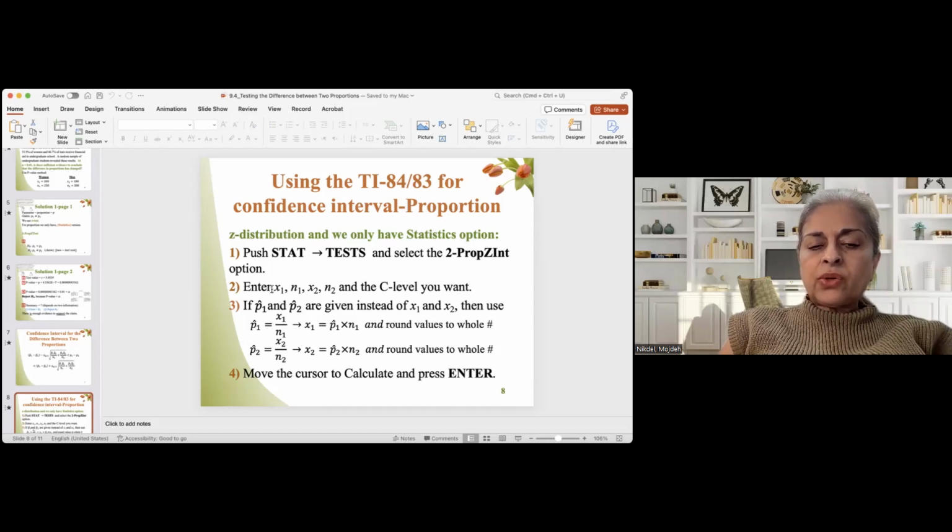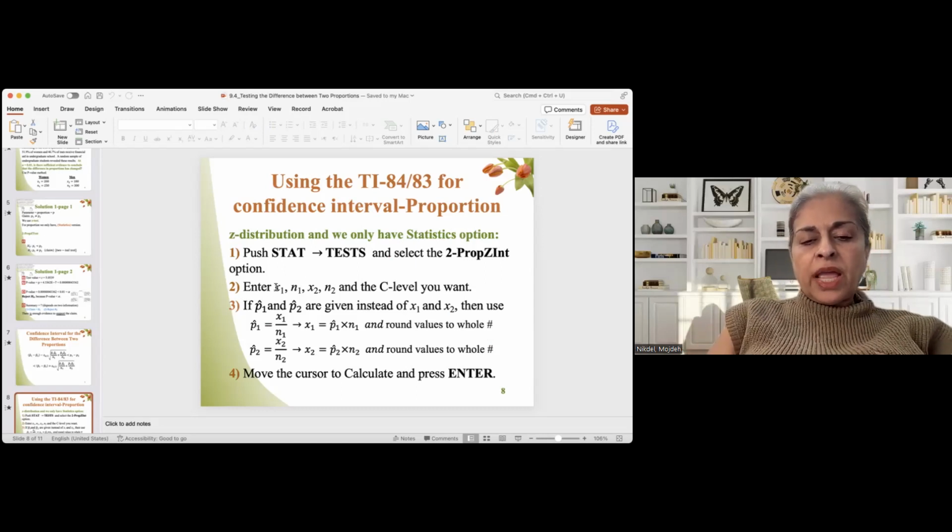The calculator asks you for x1, n1, x2, n2, and so forth. And if I have not given you x1 or x2, and I only have given you n1 and n2 with p1 hat and p2 hat, you use this formula because we know that p hat equals x over n. And then x would be p hat times n.